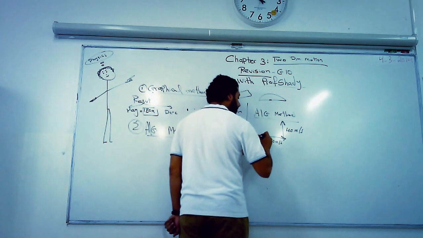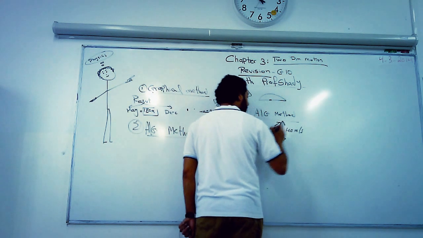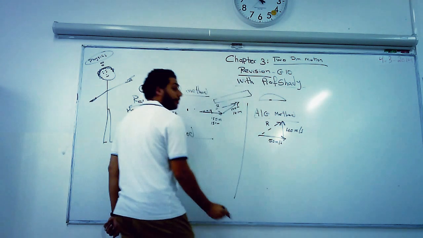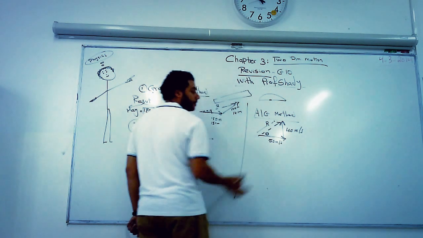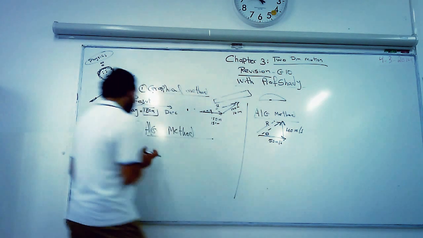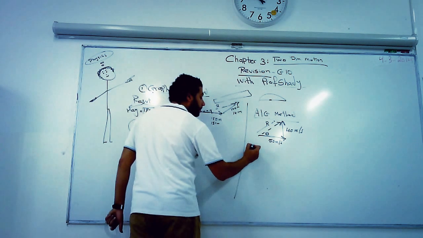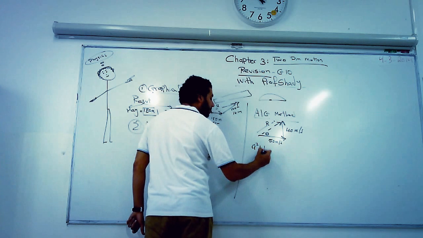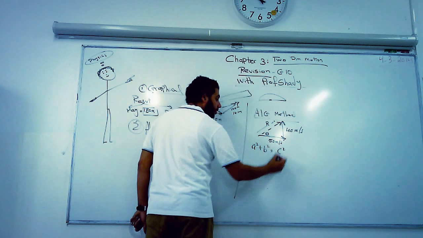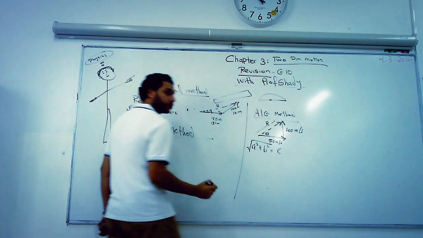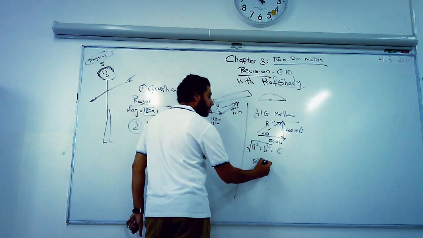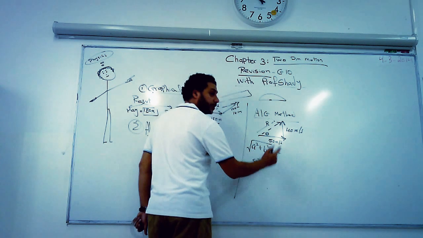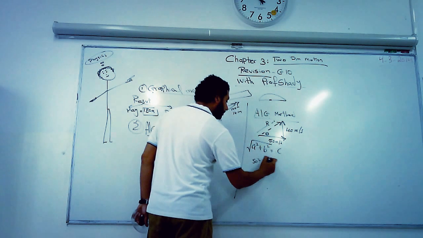This is my resultant, R. I need the magnitude, which is the length, and the direction, which is the theta. So I will find it using the Pythagorean theorem, which is a squared plus b squared is equal to c squared. Remove the square, so the square root of 50 squared plus 40 squared. I need someone to calculate, please, the values here.